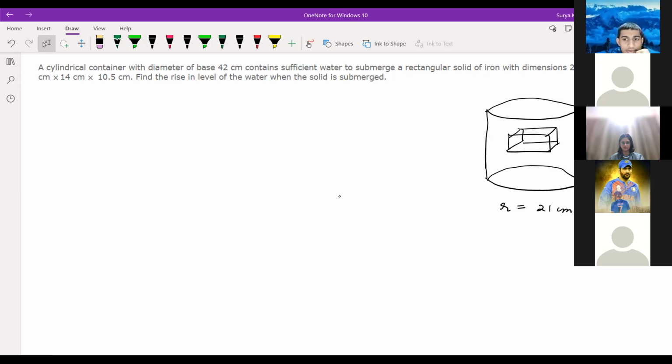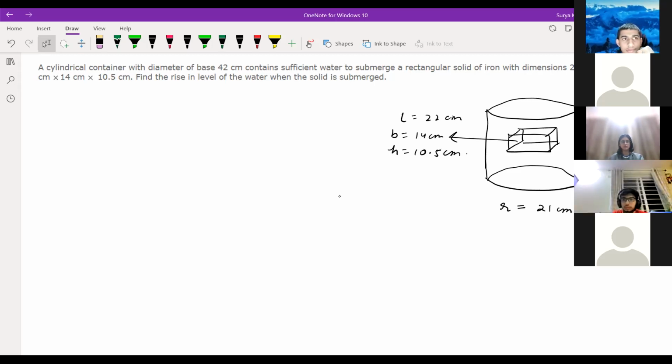The rectangular solid of iron has dimensions given here: length is 22 centimeter, breadth is 14 centimeter and height is 10.5 centimeter. So find the rise in level of water when the solid is submerged.